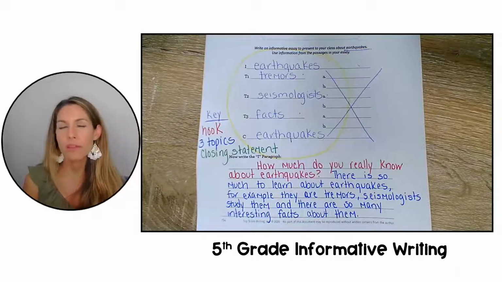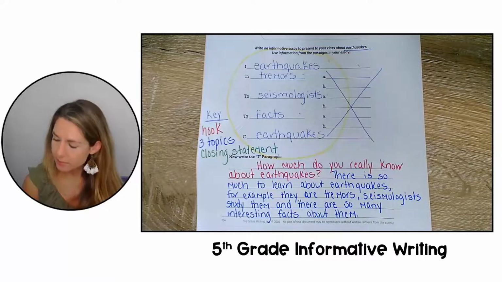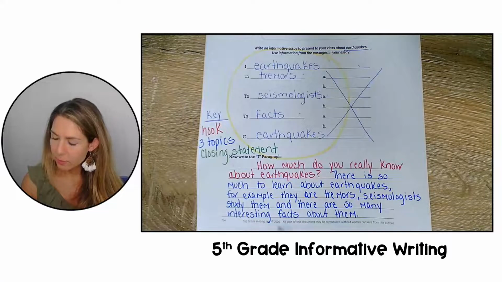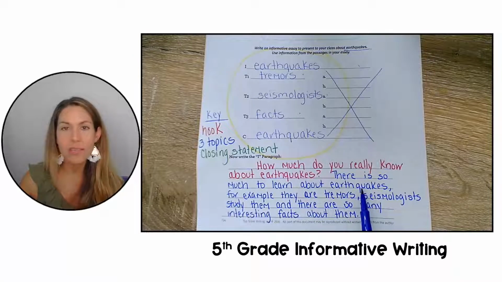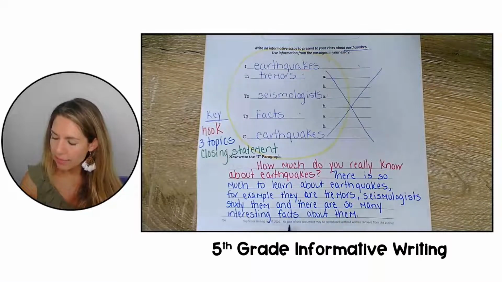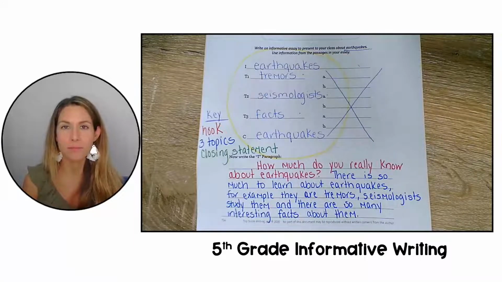So one way you may have chosen to write this sentence is, there is so much to learn about earthquakes. For example, they are tremors, seismologists study them, and there are so many interesting facts about them. So we have mentioned the controlling idea, which is earthquakes, T1, which is tremors, T2, which is seismologist, and T3, which is facts.